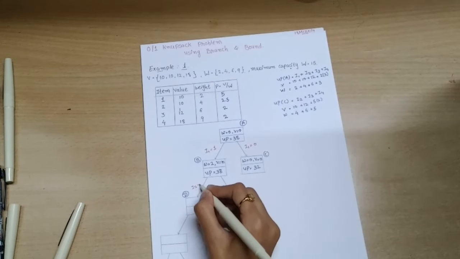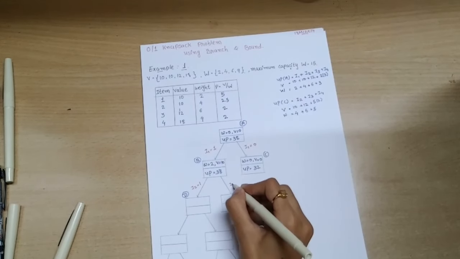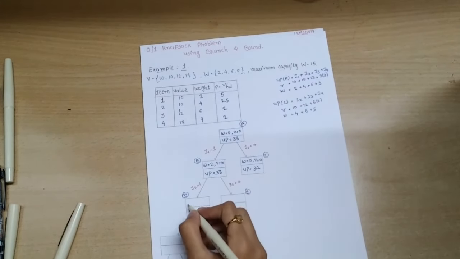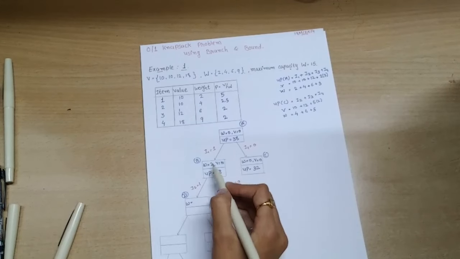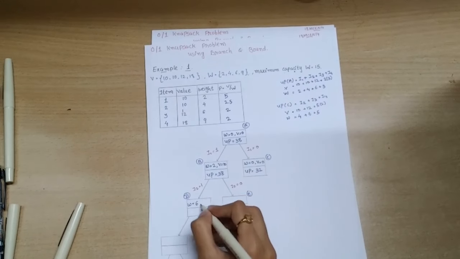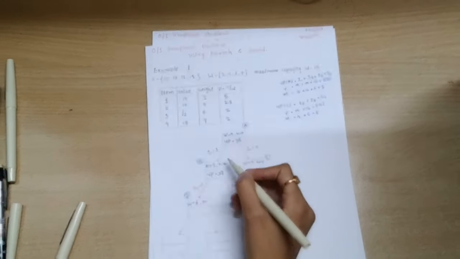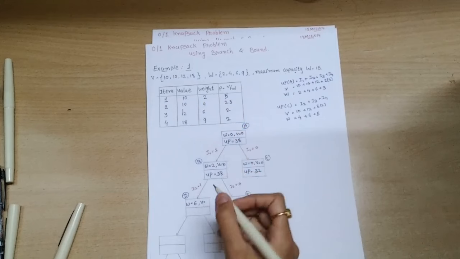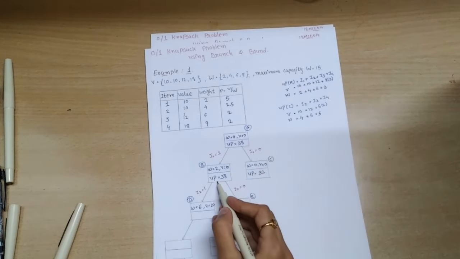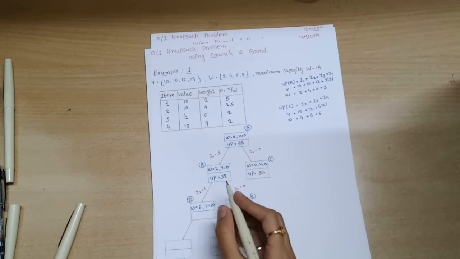Item 2 is considered, item 2 is not considered. If we consider item 2, then the weight will be 2 plus 4, that is 6, and the value will be 10 plus 10, 20. And the upper bound will be the same.